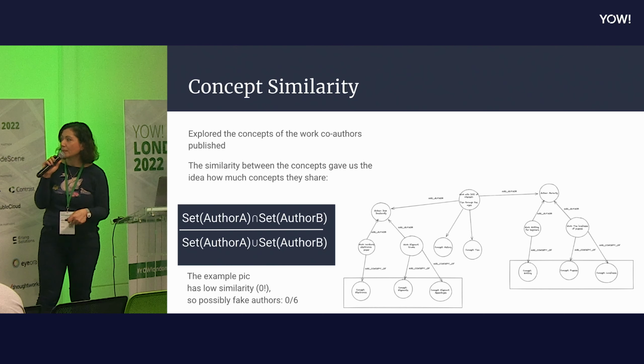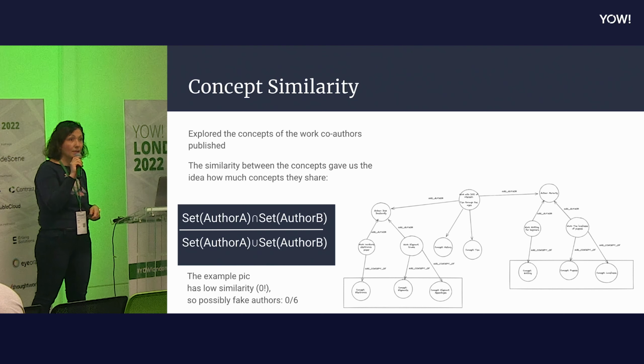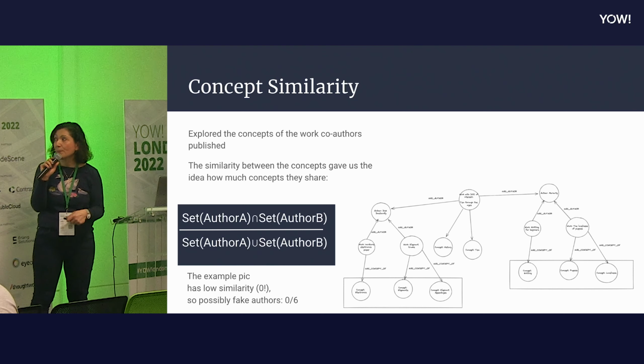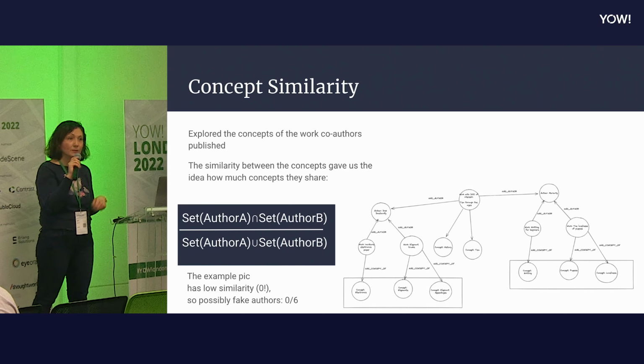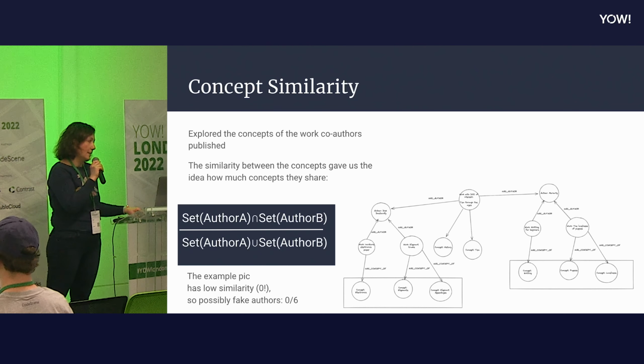This example gives 6 concepts, and none of them has been shared, which means that possibly those two authors have nothing in common. And we can do sub-levels as well. It doesn't have to be just the first level. We can go to all these works, reference articles, and what their concepts are as well. So it's quite an extensible approach to identify the relationships.